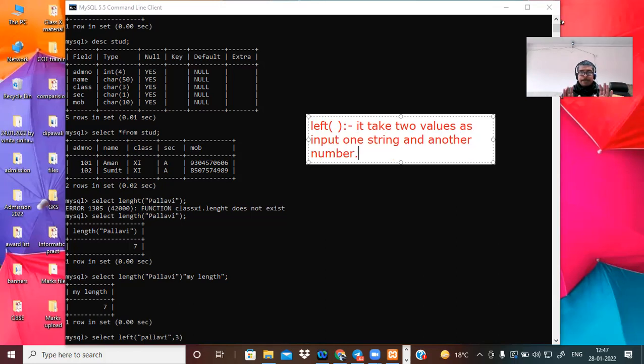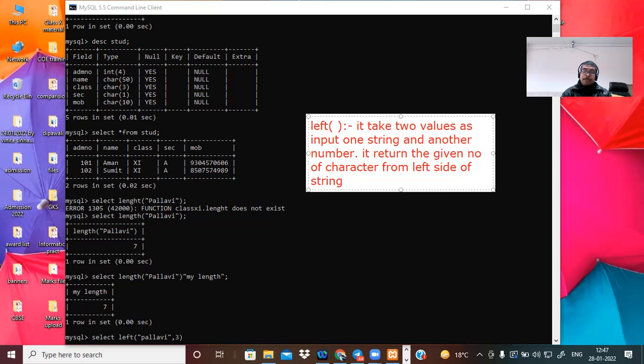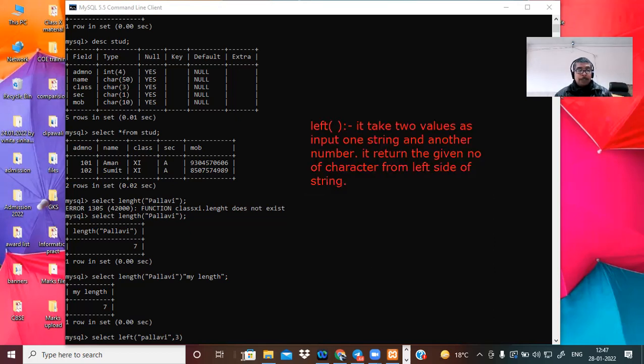I had told you. And it returns the given number of characters from the left side of the string. I hope it is clear. You would have taken it down. So let's see. I have written PALLAVI, 3.